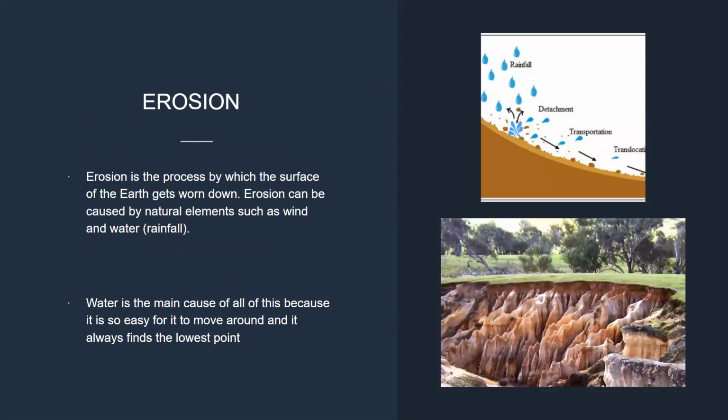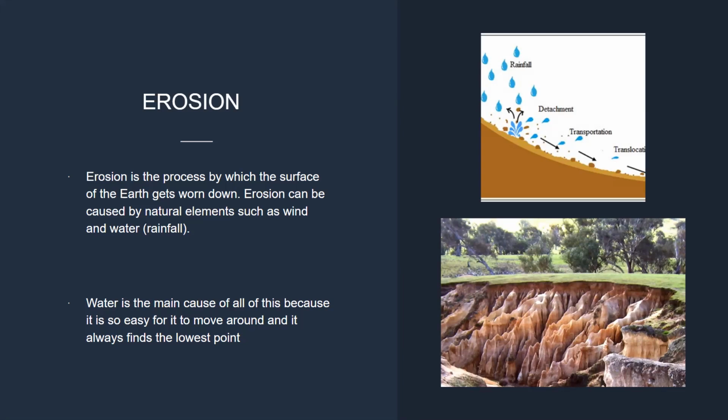We'll start it off with erosion. Erosion is the process by which the surface of the earth gets worn down. Erosion can be caused by natural elements such as wind and water, including rainfall. Water is the main cause of all this because it is so easy for it to move around and it always finds itself going to the lowest point.